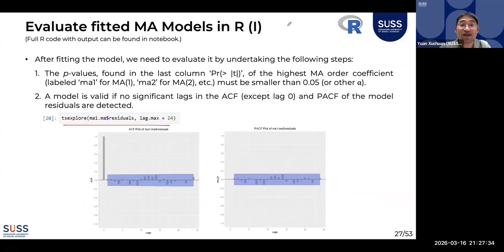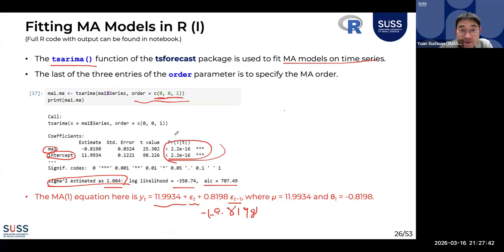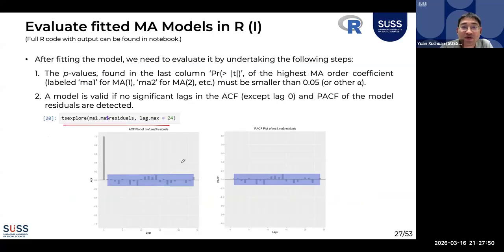First, of course, you need to look at the p-values of your model, the MA terms MA1, MA2, and the intercept term, to see whether they are significant. Usually we use 0.05 as the significance level, and the p-value should be smaller than this significance level.